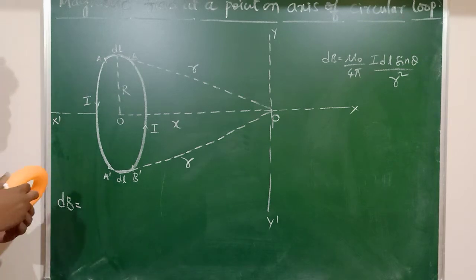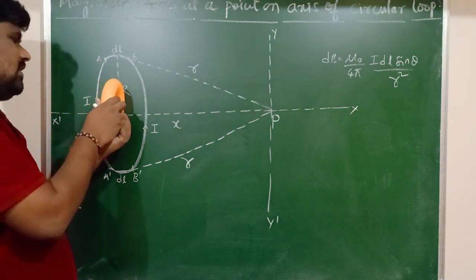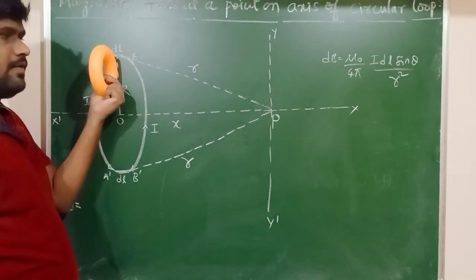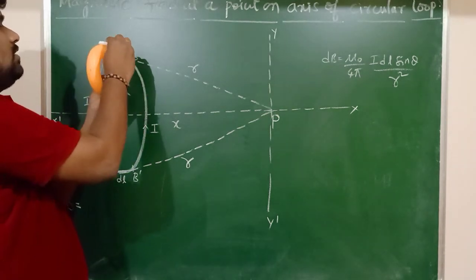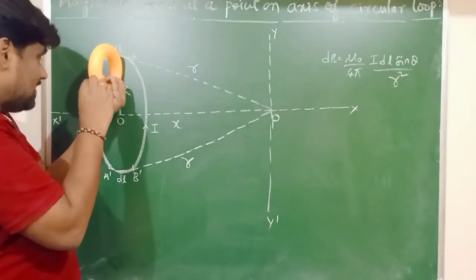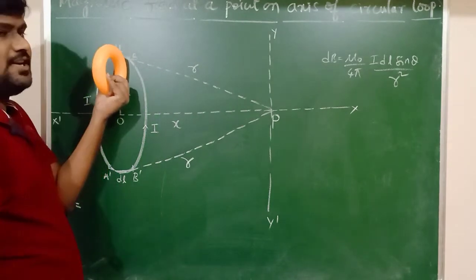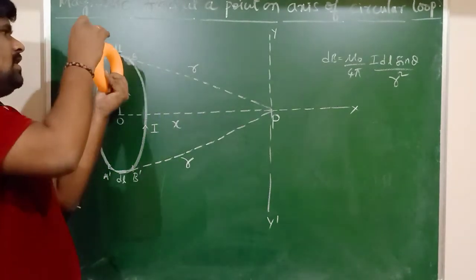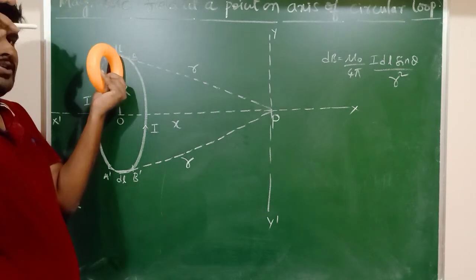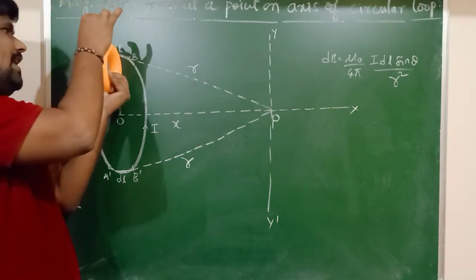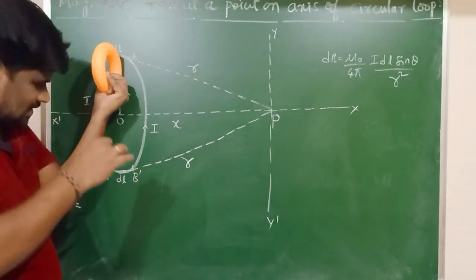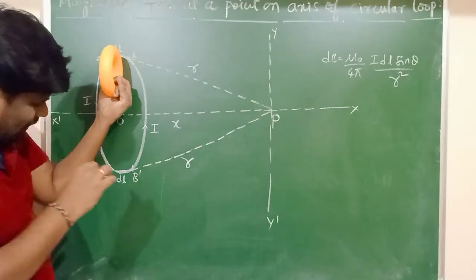So as I said, the loop is placed like this, perpendicular to the plane of the board. Here is our dl. This is dl. This is another dl. That is AB and A dash B dash here. What is the direction of the dl? The direction of the dl is along this direction. This is the direction of dl, and this is the direction of another dl.